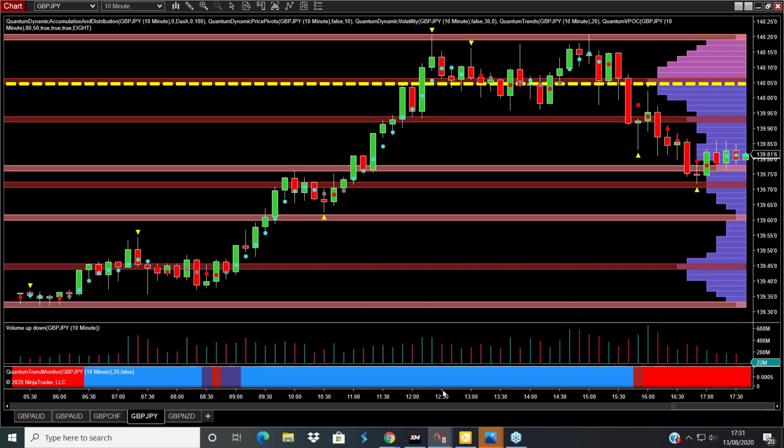Now, it went into consolidation not because the traders have suddenly got fed up with the move higher. In the Forex market, we have to be very aware of the session crossovers. The move higher started here at about 9:30 and carried on higher. Then we get this sign of weakness.